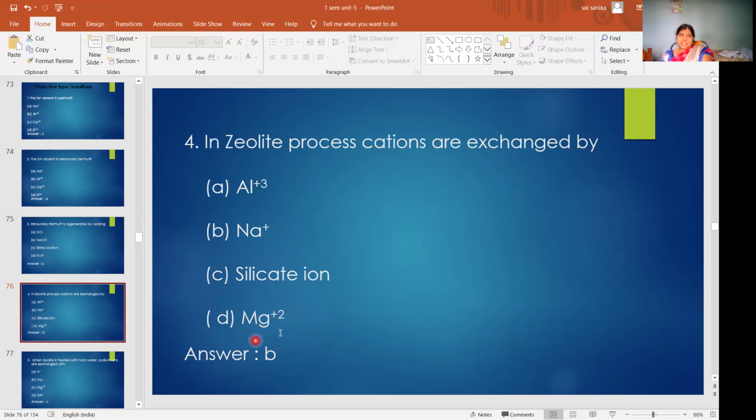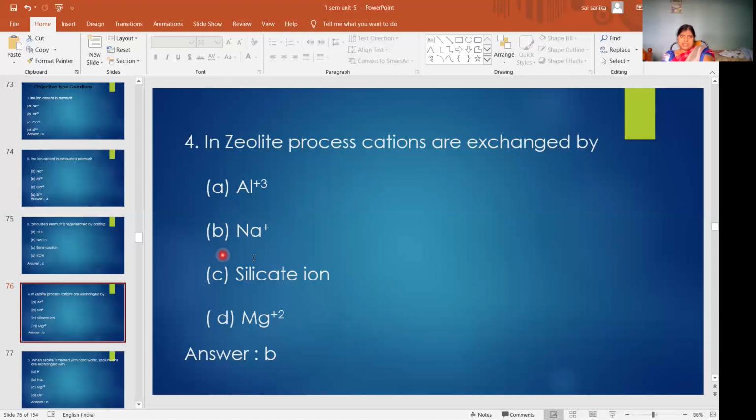Okay, what is the answer? In the process we studied, sodium ions are exchanged with calcium and magnesium ions. Calcium and magnesium ions are nothing but cations. So cations are exchanged by which ions? Sodium ions.